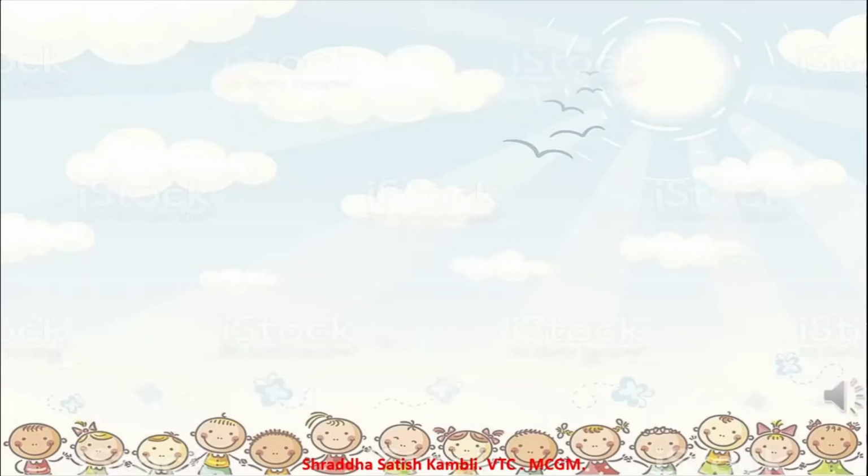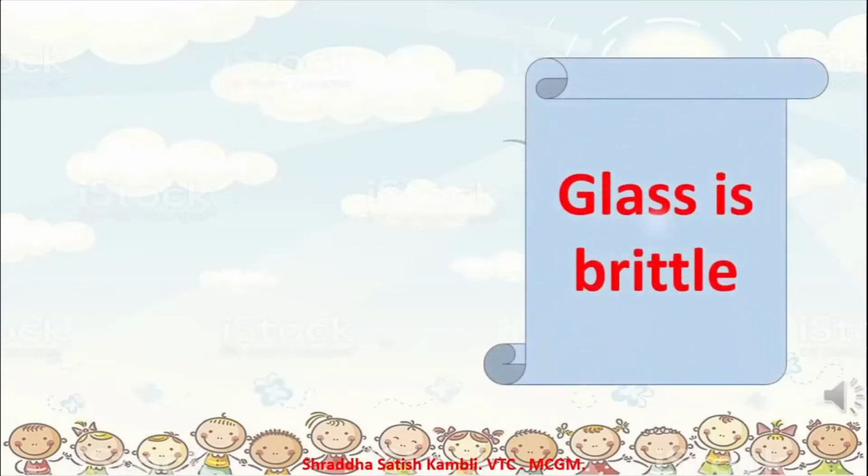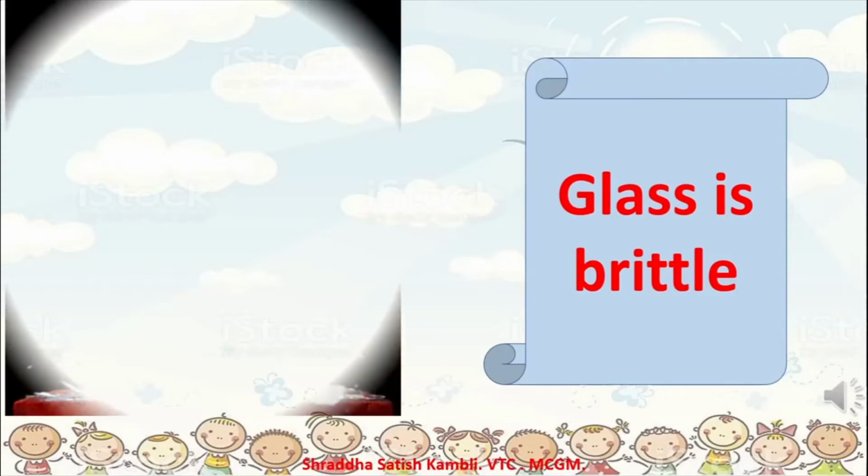Okay, now let us look at certain properties of glass. Properties means certain qualities of glass. So glass is brittle. Brittle means something which breaks very easily. Alright, so let us see whether glass can break.